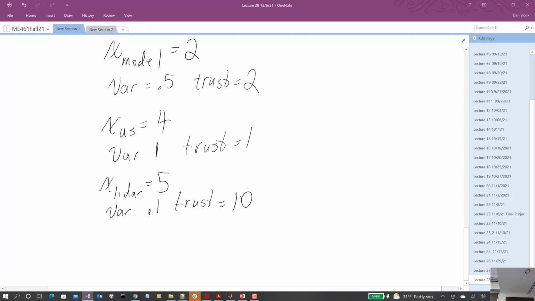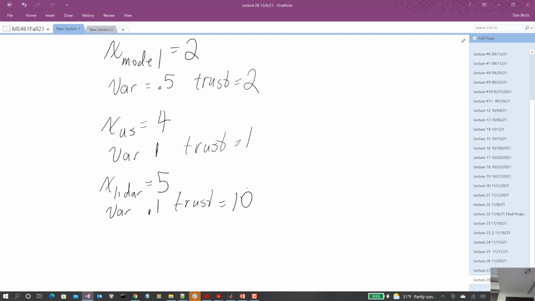So first, do you guys have any idea what you could do to fuse X model and X ultrasonic sensor first? Given that we would weight the X model twice and weight the ultrasonic sensor only once. What would you intuitively do?